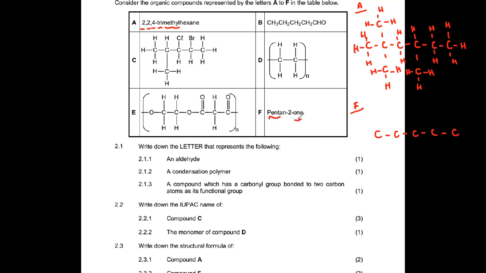I have the functional group on the 2nd carbon. So here we go, the carbonyl group. The rest is just adding the hydrogen atoms. 3 goes to the 1st one. The 2nd carbon already has 4 bonds. 2 here, 2 here, and 3 to the last carbon atom. That is pentan-2-one.